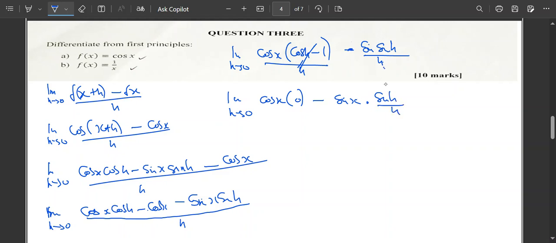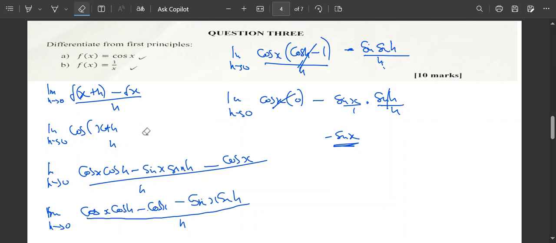I've just moved this one into this one. It's still the same. So this will be 1. Sin h over h is 1. So meaning that this is 0, right? So the answer will be just negative sin x. So that's how you are supposed to answer this question.